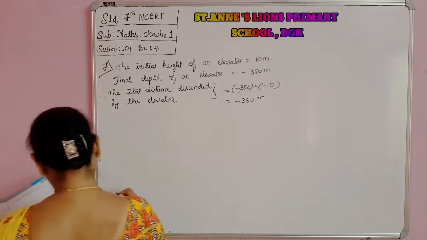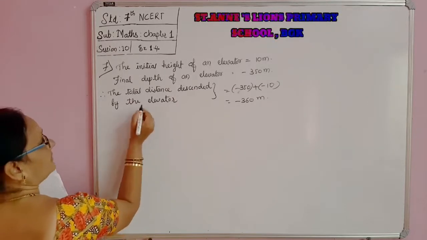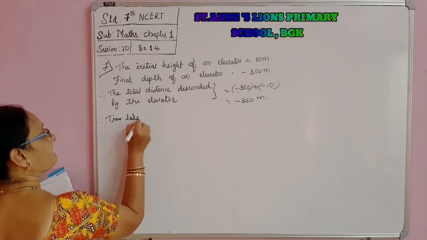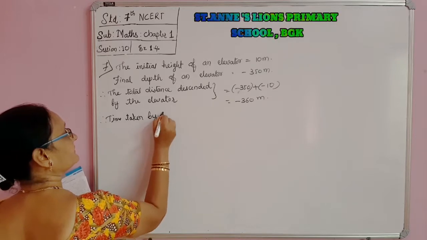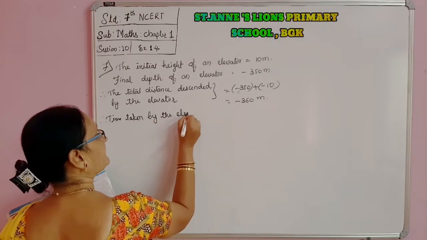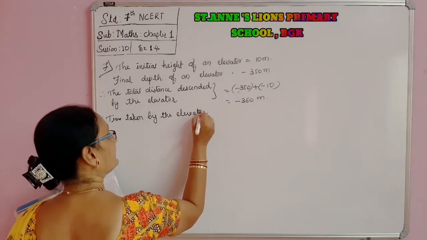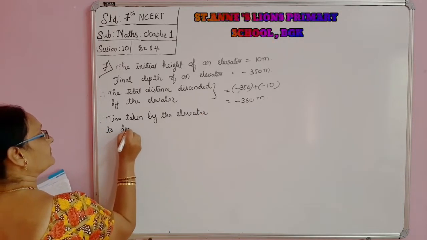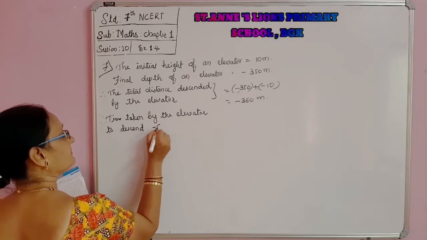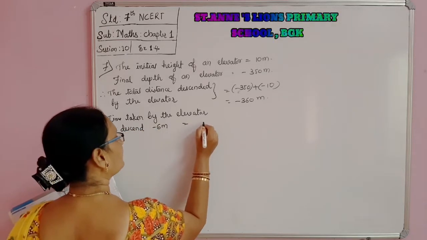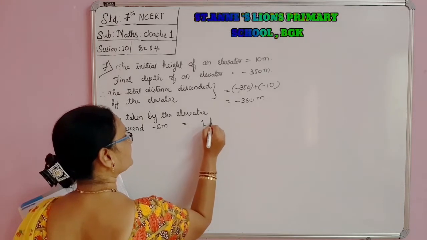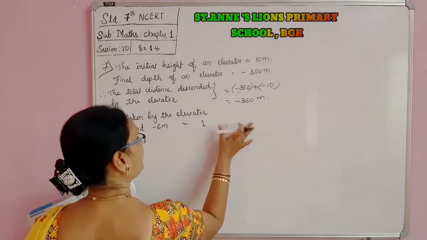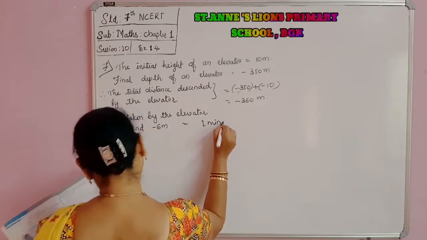Time taken by the elevator to descend minus 6 meters per minute. Sorry, 1 minute it is taking, not hour, that is 1 minute.